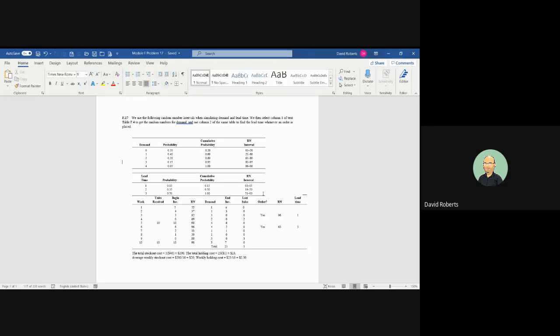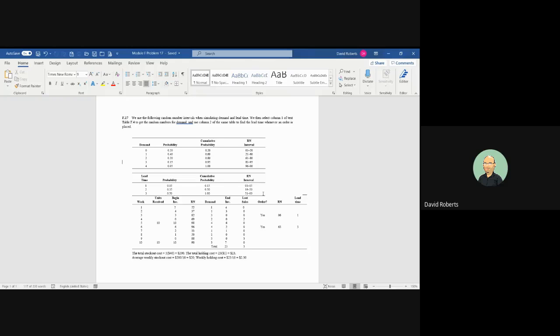So it's time to place an order. You get a random number of 6 for the lead time, which means that the lead time is 1. So you order 10, and they arrive 1 period later, which is actually period 5, not period 4. So be careful about that.